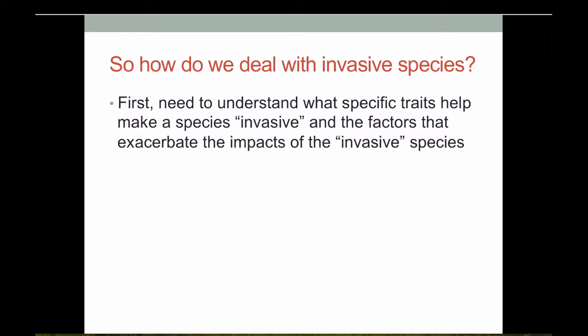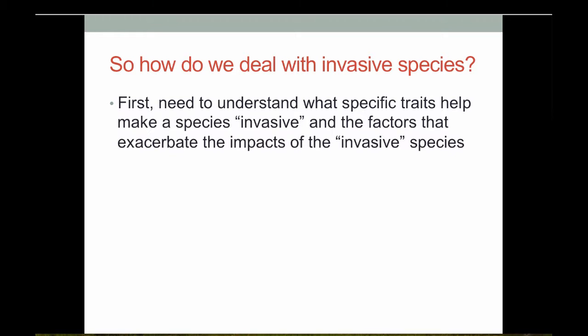So how do we really deal with these invasive species? So I think the first thing that you need to do is you need to understand what specific traits help make a species invasive and the factors that exacerbate the impacts of the invasive species at the site you're trying to restore.